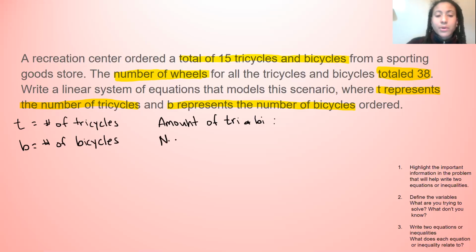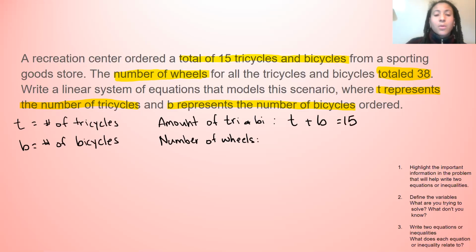So we have number of wheels to both. Okay, so when we're talking about the amount of tricycles and bicycles, we know that we have a total of 15. But as I said before in the first question, does it say we have more tricycles than bicycles? No. So this one will be just T plus B equal to 15.